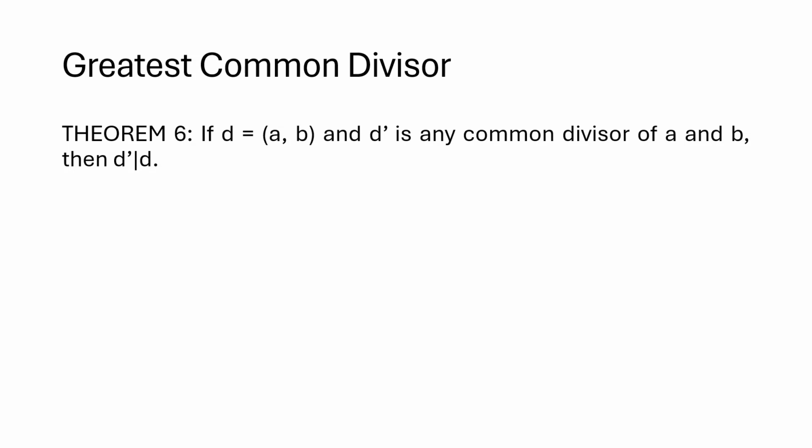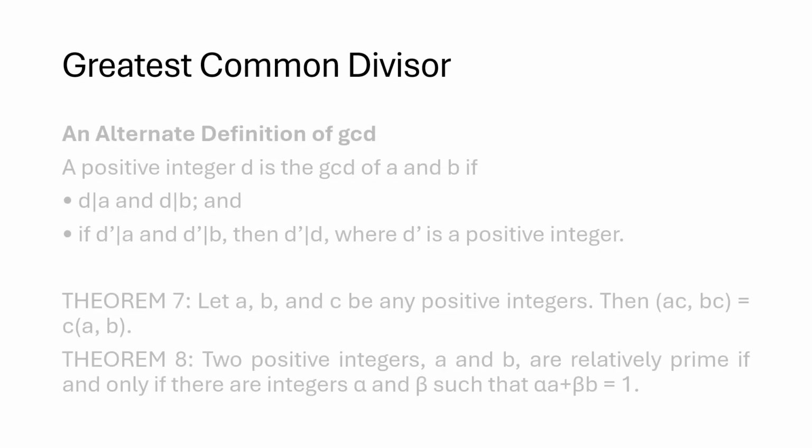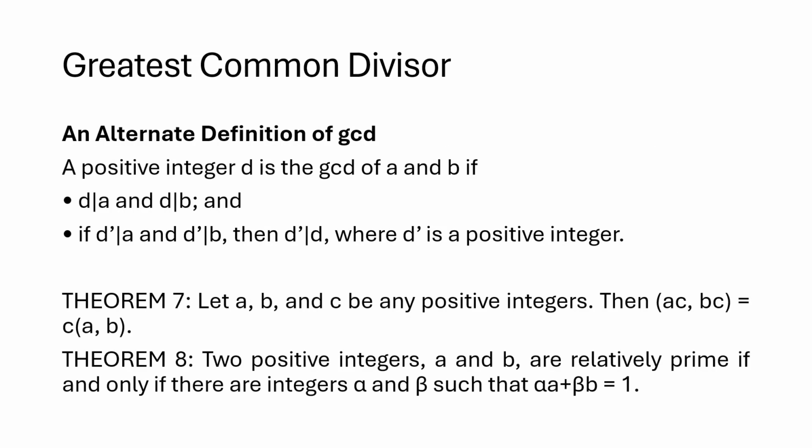So we have this theorem, theorem number 6. If D is the GCD of A and B, and D prime is any common divisor of A and B, then D prime divides D. Okay, so we have here what we call the alternate definition of GCD.